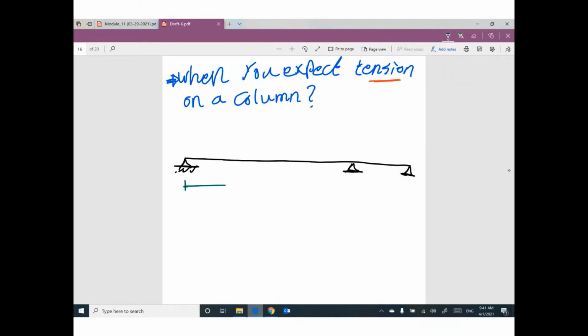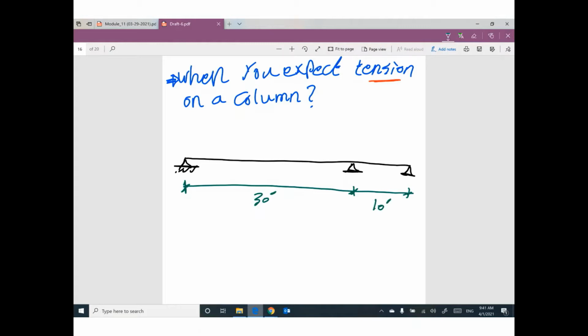But for some reason, based on the layout of your columns, I found we have one span very large, probably 30 feet, and one span of the continuous beam is 10 feet or 5 feet or whatever.